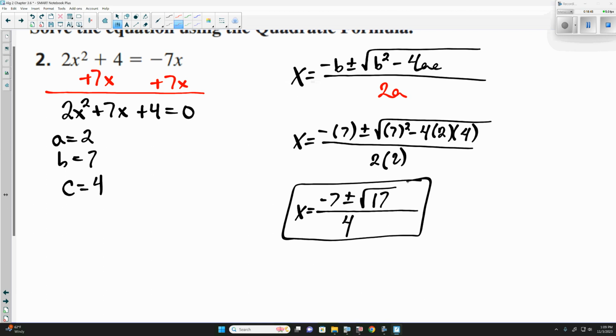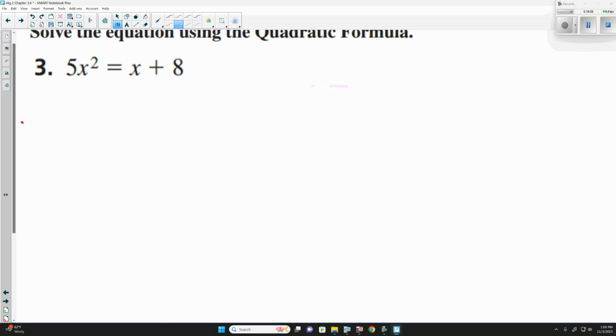We can't reduce it any further than that without turning it into decimals, and we want to keep it as fractional. Questions on this here? Any questions on any of this so far?